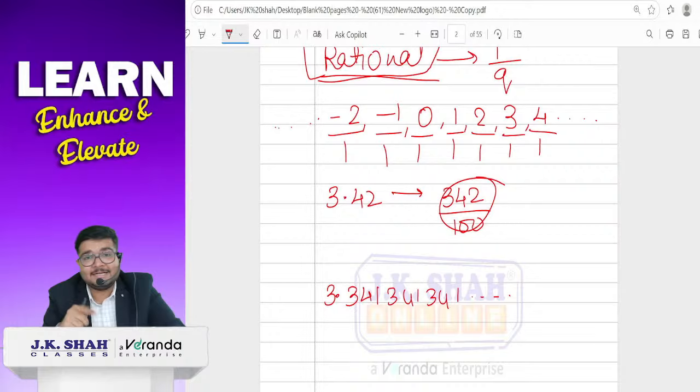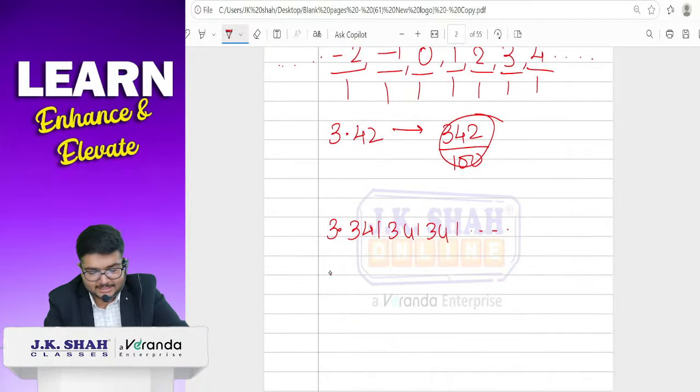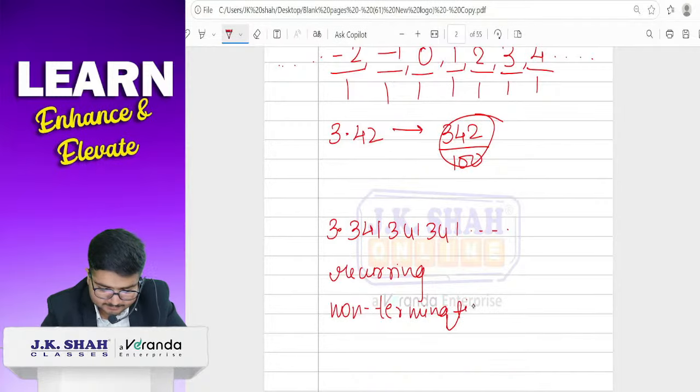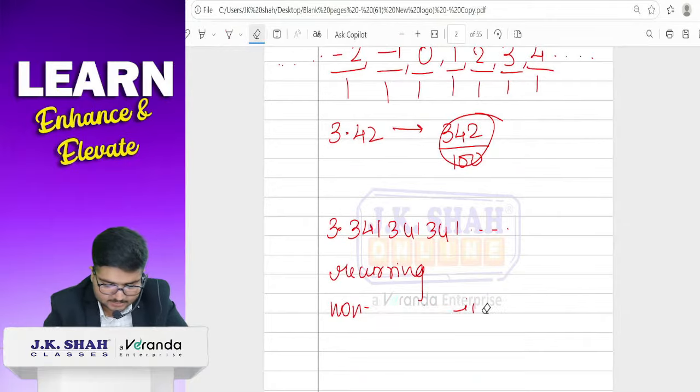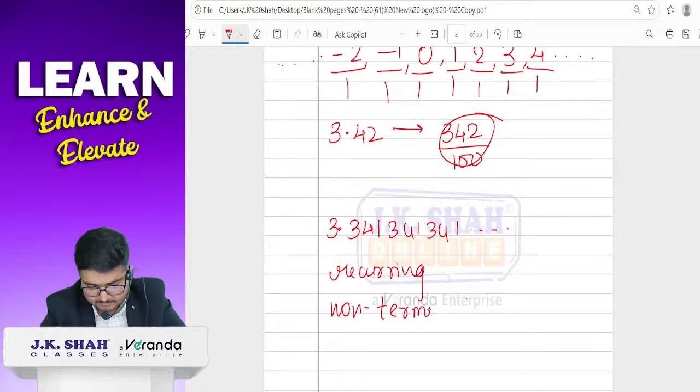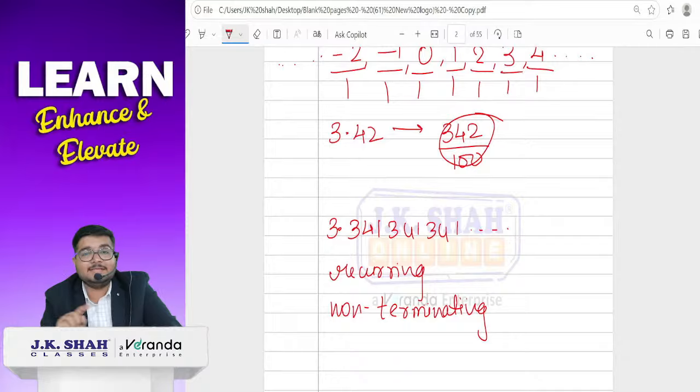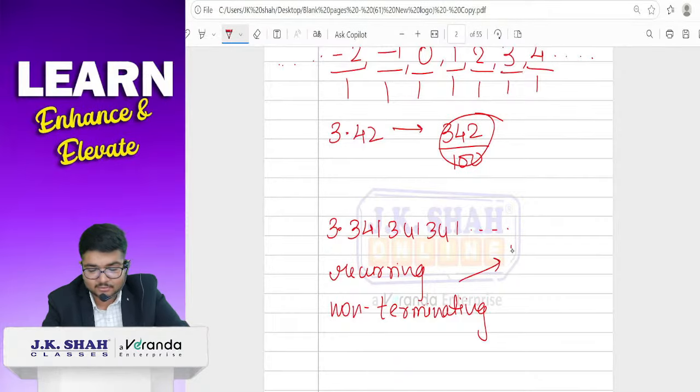These are repeating, recurring, non-terminating, because they are never ending. I am very sorry for the handwriting. They are repeating but never ending, and those numbers are called rational numbers.